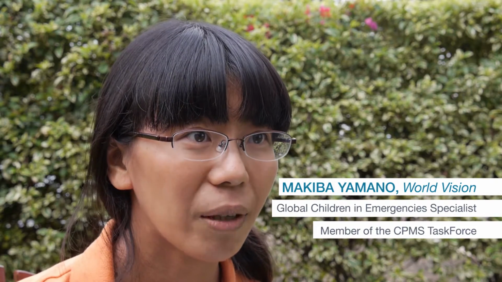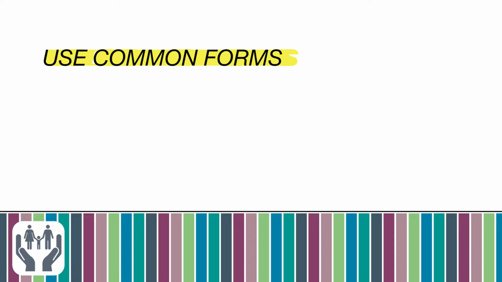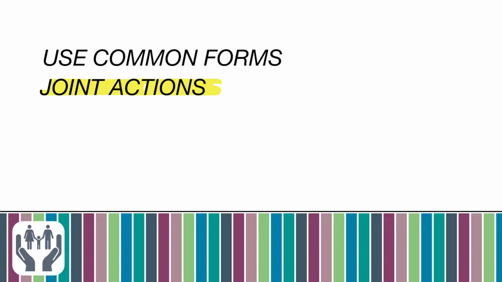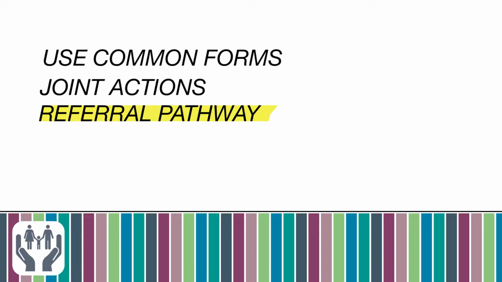For many staff members coming from development programs, the intense interagency coordination in emergency actions is somewhat new. But these standards really emphasize that for better child protection practices, we need to coordinate, making sure that we are using common forms and also taking joint actions and making mutual referral pathways.